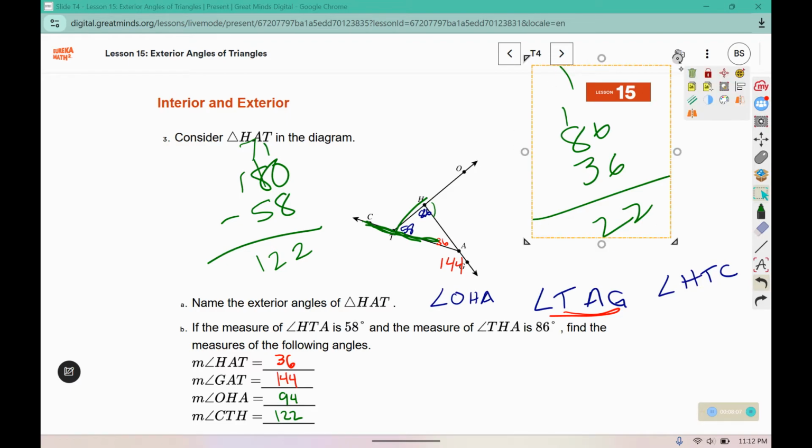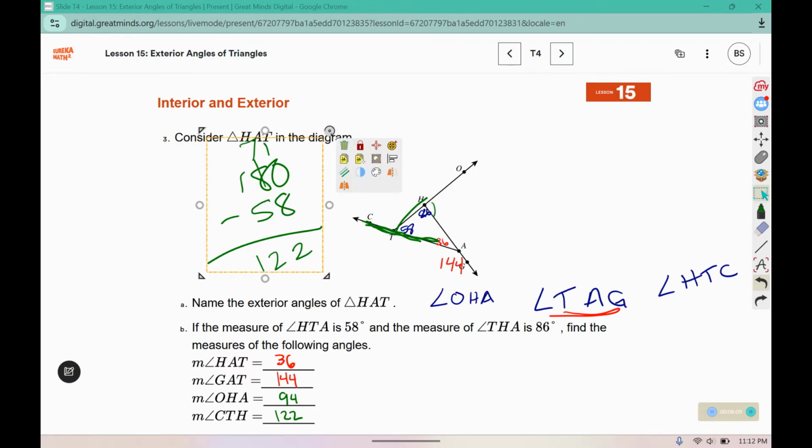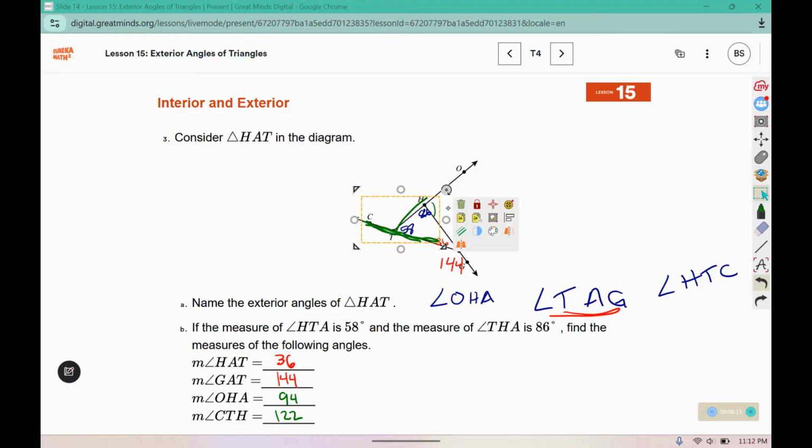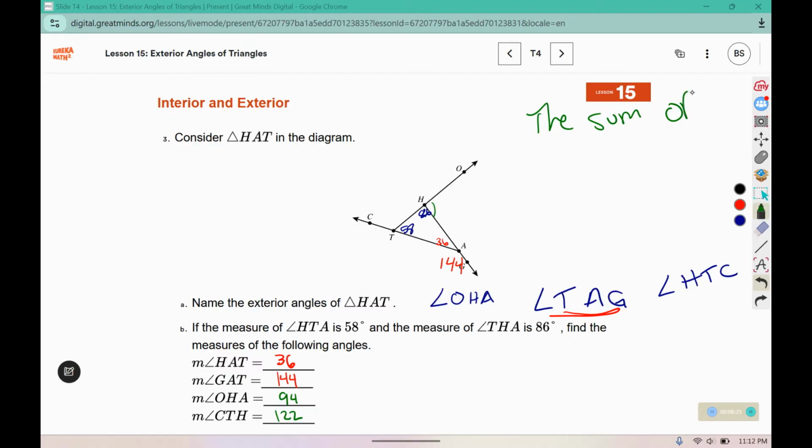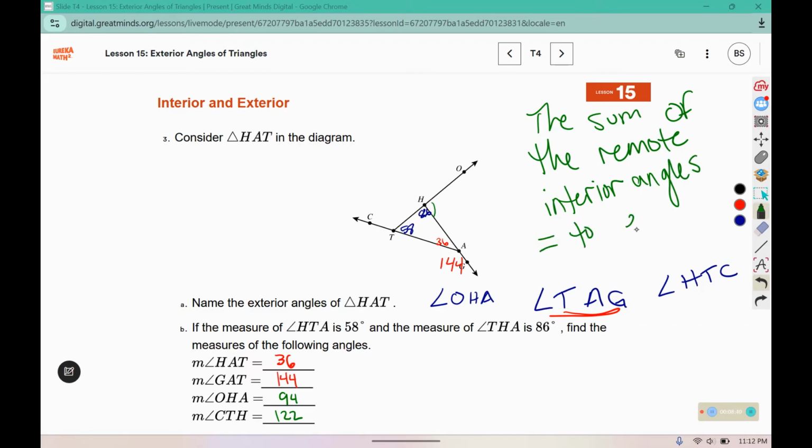There is a specific theorem or trend or pattern that we use, and we say that it is the sum of the remote, meaning away from it, like a remote island off by itself, the sum of the remote interior, so inside the triangle, angles, is equal to the exterior.